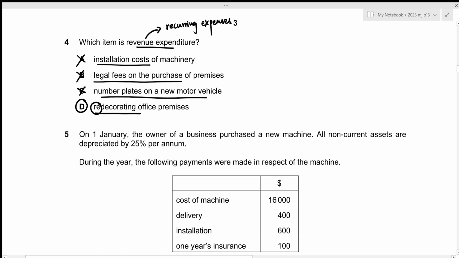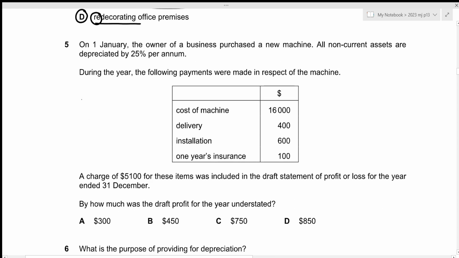Let's move towards the fifth question now. On 1st January, the owner of a business purchased a new machine. All non-current assets are depreciated by 25% per annum. During the year, the following payments were made in respect of the machine. So we're given the cost of machine, delivery, installation, and 1 year's insurance. Again, we need to utilize our concept of revenue expenditure and capital expenditure in this case.